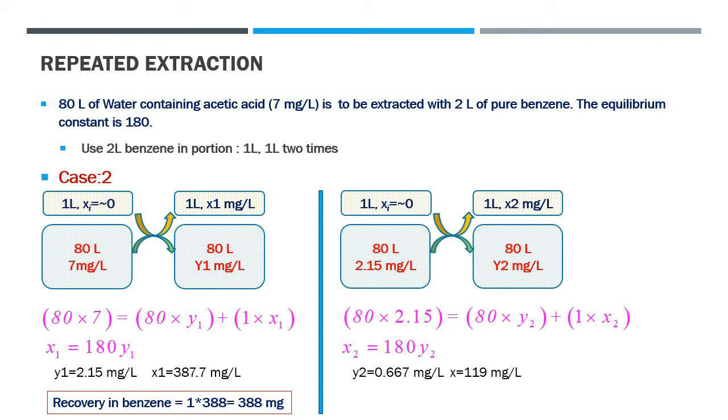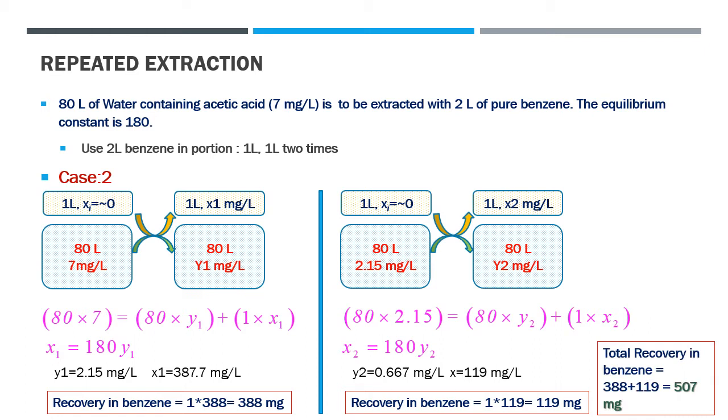We are getting x equal to 119 milligram per liter in the organic layer. So total recovery in the 1 liter benzene layer is 119. So overall recovery in the two step is essentially 388 plus 119, 507 milligram, which is of course higher than the single time 2 liter extraction process.